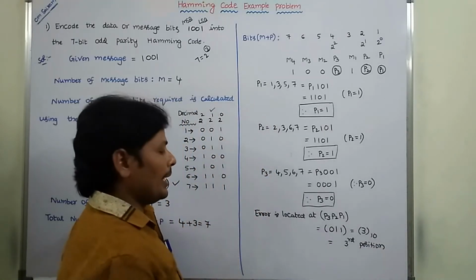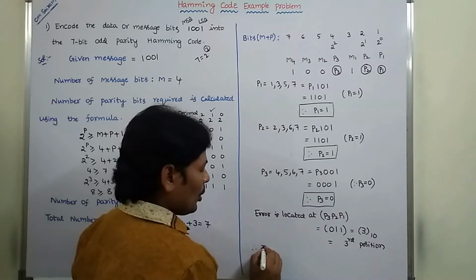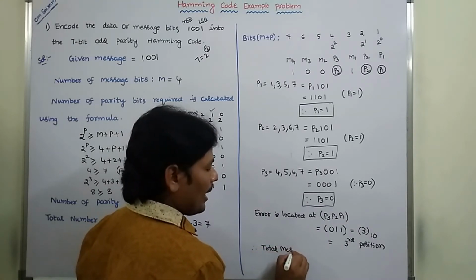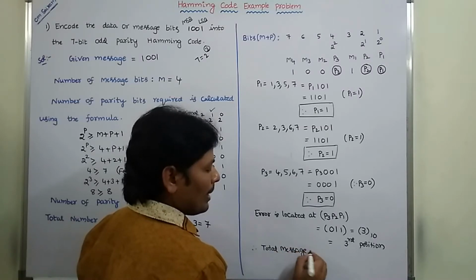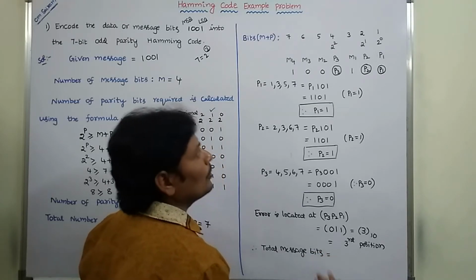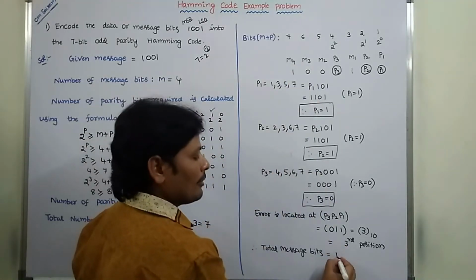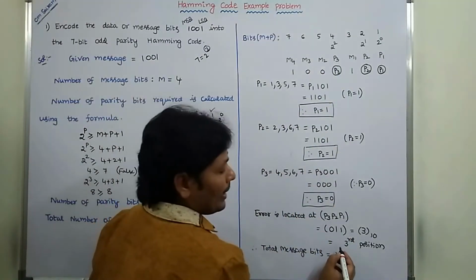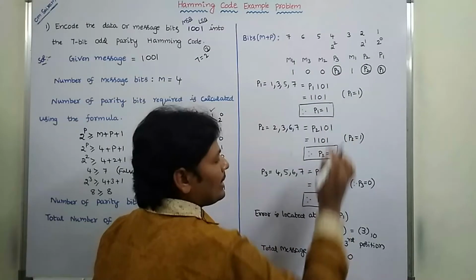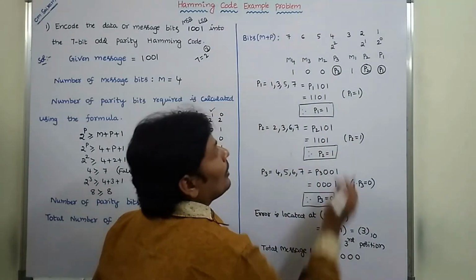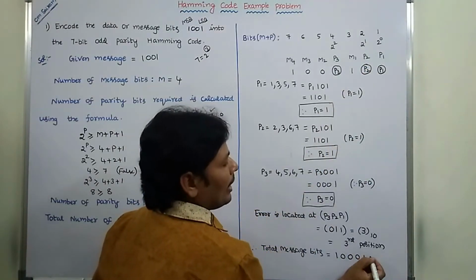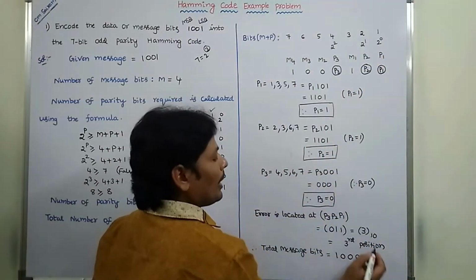So the total message, including the message bits and parity bits, is: M4 value is 1, M3 value is 0, M2 value is 0, P3 value is 0, M1 value is 1, P2 value is 1 and P1 value is 1.